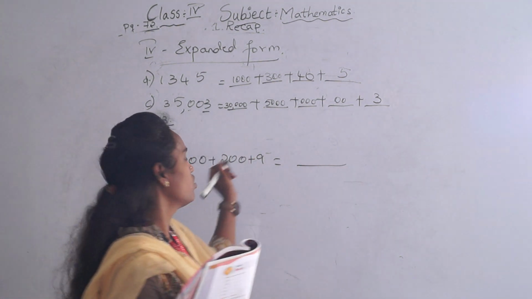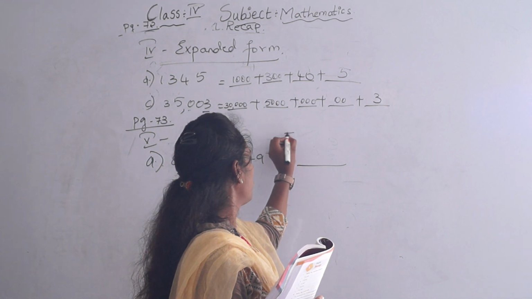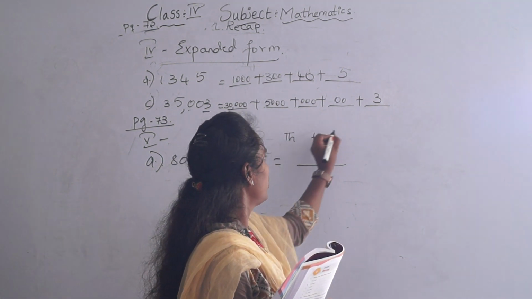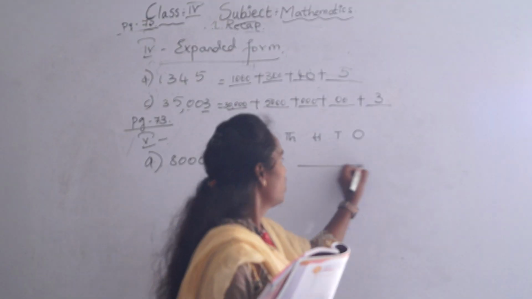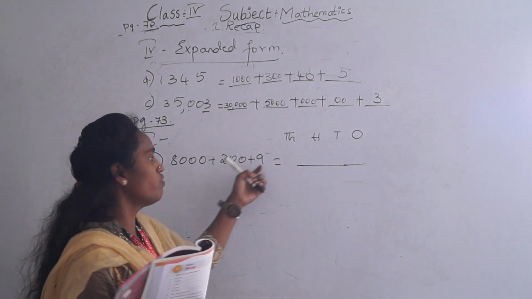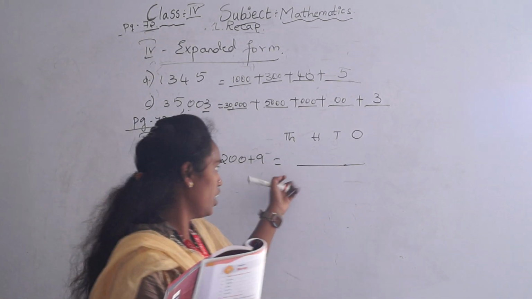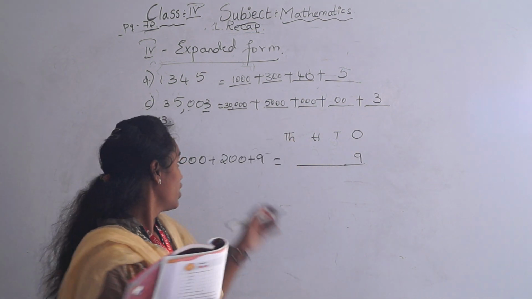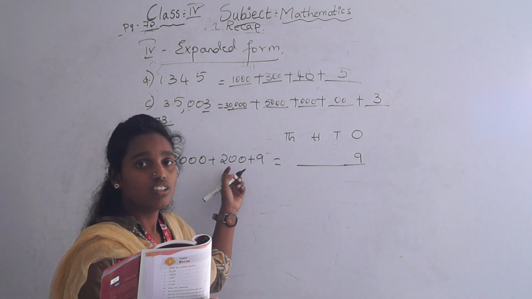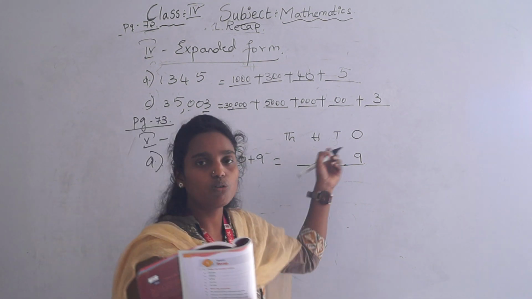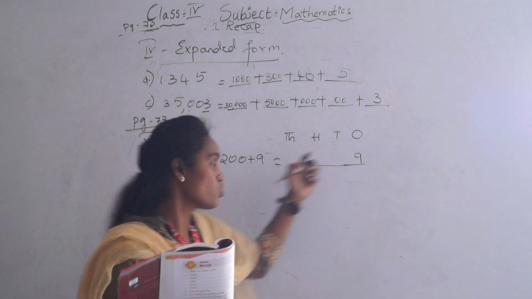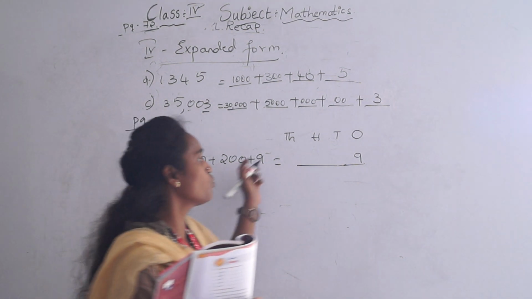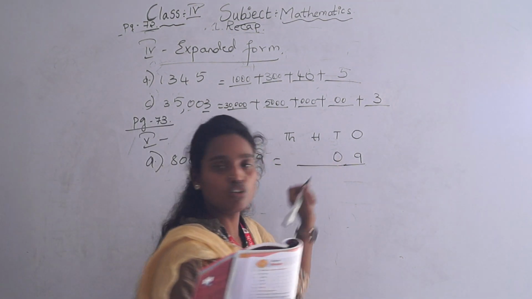So for this we should take the place values, that is 1000, 100, tens, ones. So in the ones place, what is the number? 9. So in the ones place write the number as 9. In hundreds, it is 200s. Then what about the tens place? There is no number in the tens place, so we should write it as 0.